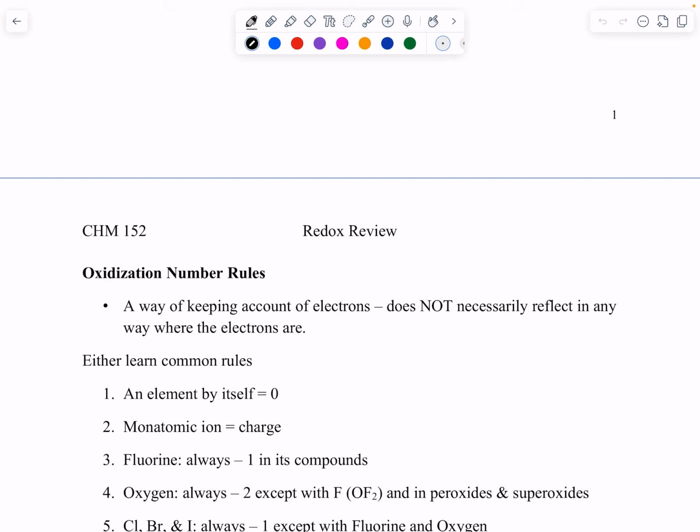And when we talk about redox, think about when we have reactions. Reactants go into our products.